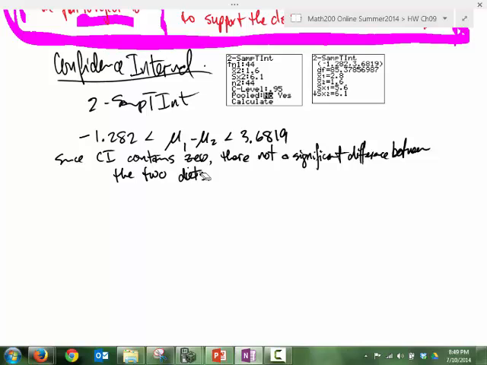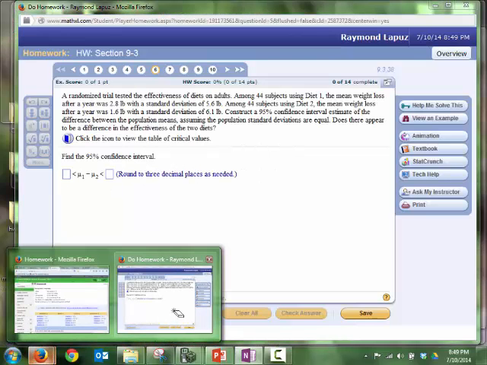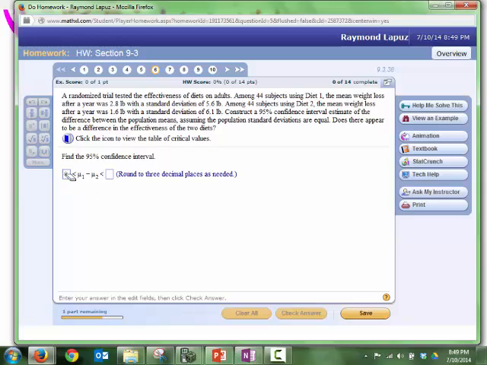All right, let's try to remember these numbers, and let's see if we can answer the questions correctly in our homework. See if we get it right. The first thing they ask is, what is the confidence interval rounded off to 3 decimal places? So, what is it? A negative 1 point something? 282.